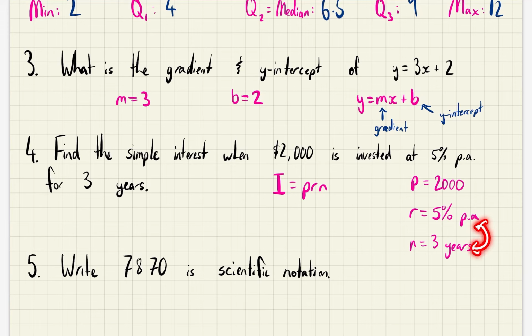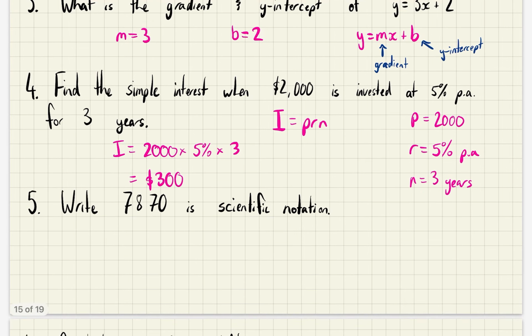Now, as long as everything matches, so in this case we've got years and per annum, they're the same thing, we can just put it straight into the formula. So interest is equal to 2,000 times 5% times 3, which gives us, don't forget the percentage when you're typing in the calculator, $300.